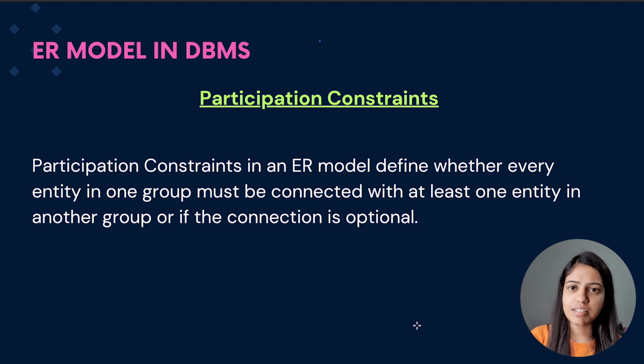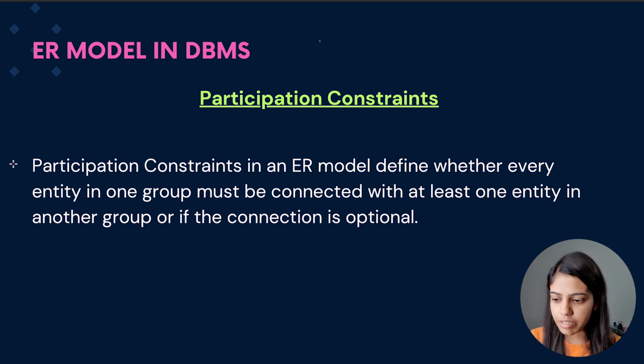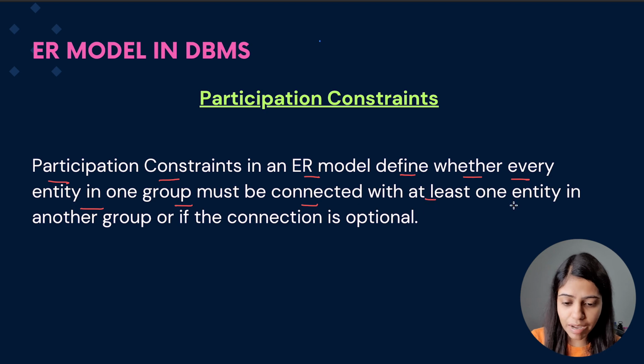Now what is the participation constraint? Let's go and understand. From the definition, participation constraints in the ER model define whether every entity in one group must be connected with at least one entity in another group, or if the connection is optional.